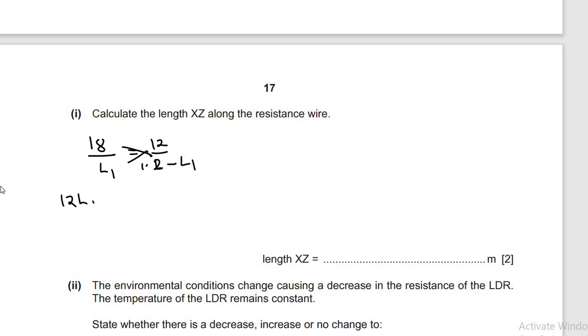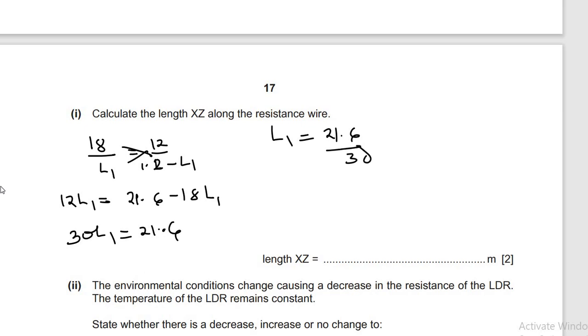We have 12 L1 equal to 18 times 1.2, which is 21.6, minus 18 L1. 12 plus 18 is 30, so 30 L1 equals 21.6. So what is L1? 21.6 divided by 30.